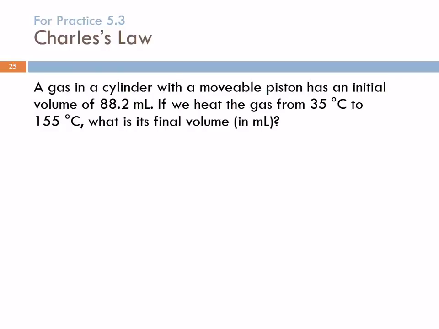Let's do a problem with Charles' law. A gas in a cylinder with a movable piston has an initial volume of 88.2 milliliters. If we heat the gas from 35 degrees Celsius to 155 degrees Celsius, what is its final volume in milliliters?